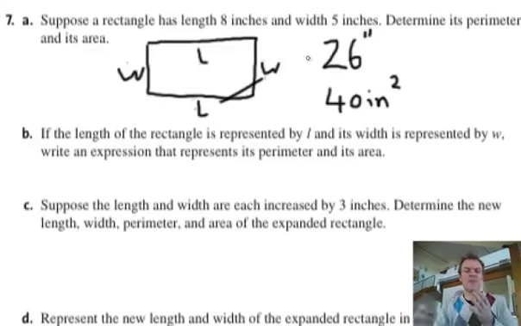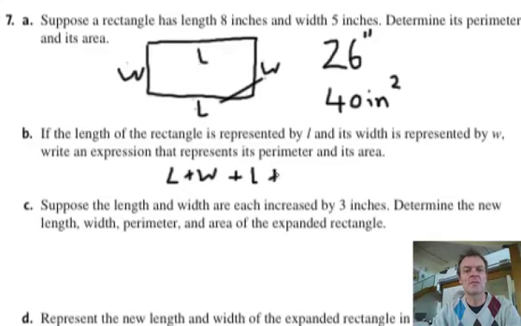So the perimeter is L plus W plus L plus W. That's what the perimeter equals.